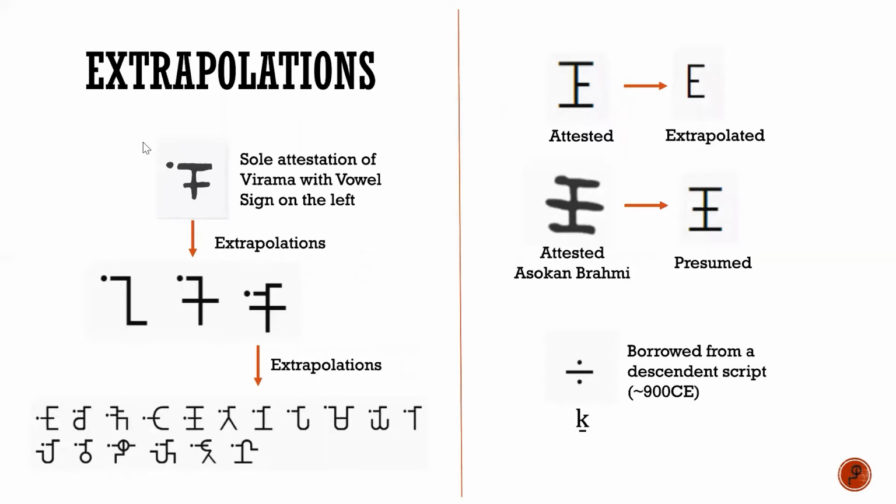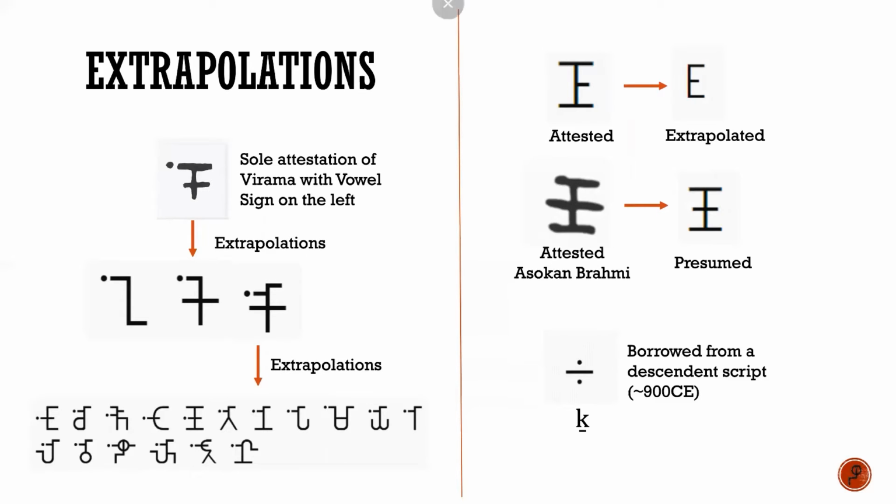For instance, the virama occurs to lift a vowel sign on just one single character. Based on that attestation, we standardized the position of the virama, introduced it to the other characters where virama occurs with vowel signs, and extrapolated a whole series of characters.